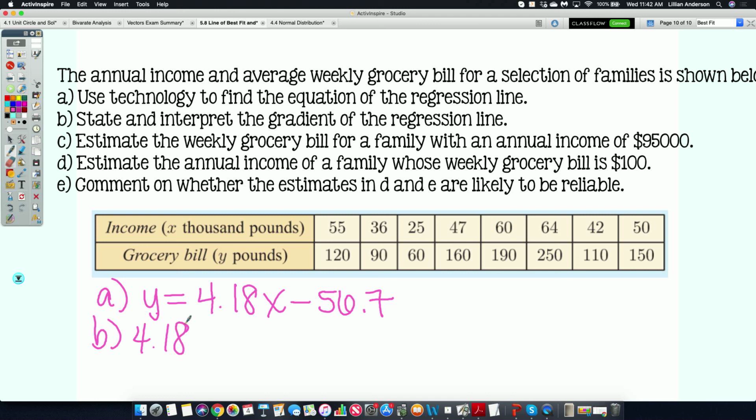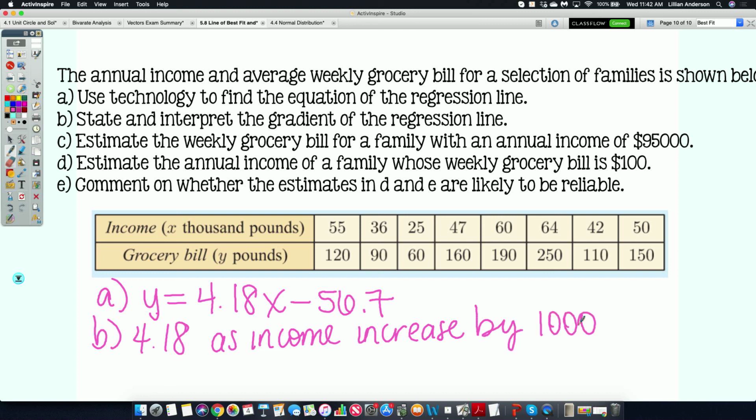Be specific. What is X and what is Y? So as income increases by how much? By 1 or? As income increases by 1,000, because this is in thousands, technically this is 4.18 over 1.